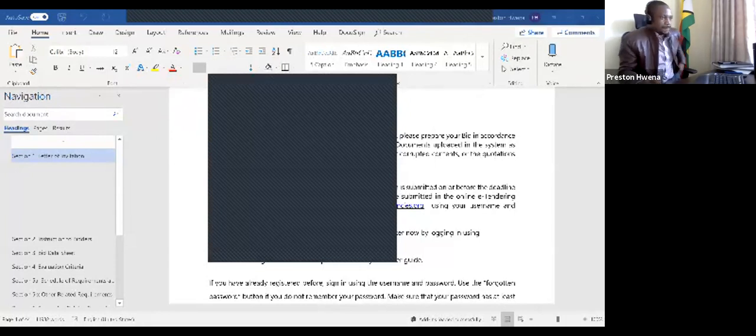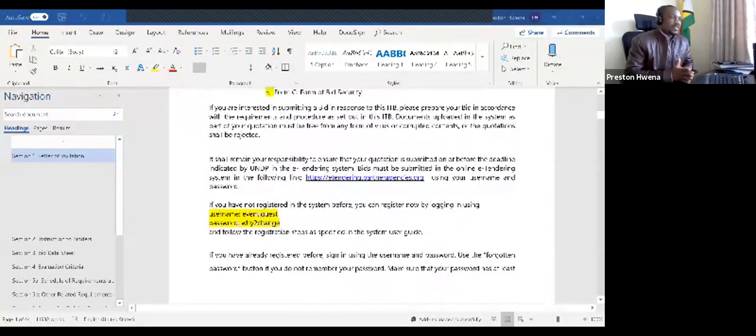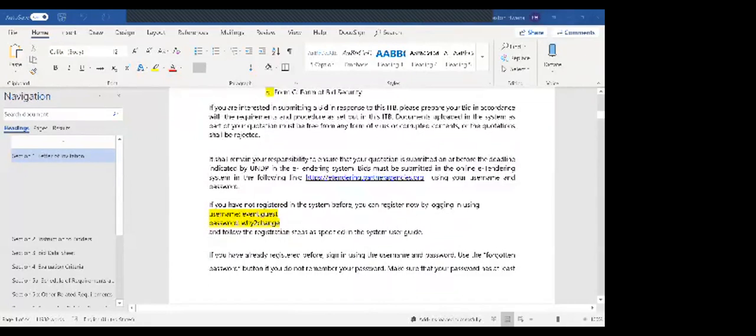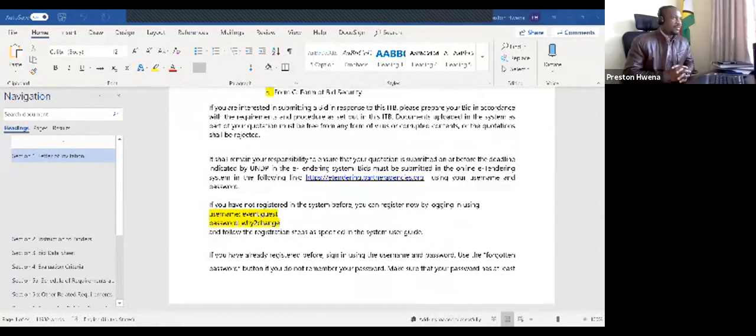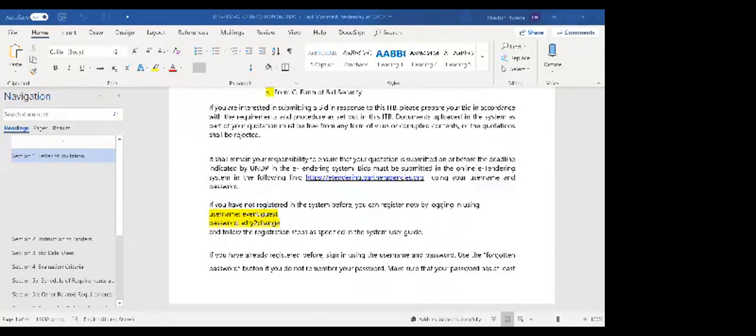So we'll proceed. We are saying all bid submission will be done on our e-tendering platform. It is your duty as the bidder to plan your bid submission and make sure that all the preparatory stages are done earlier rather than left to the last minute.